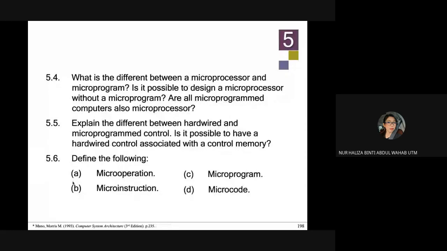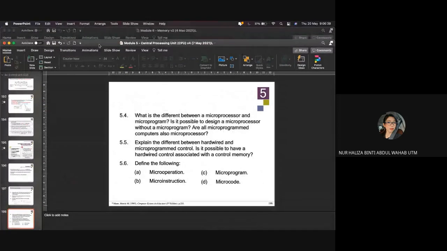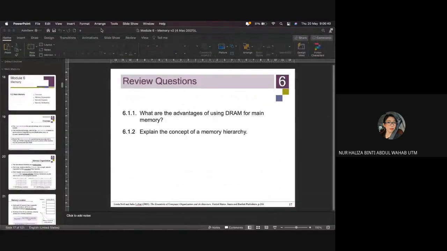So now you have finished your module 5. Although it is not covered in your test, maybe you can also spend 1 hour on module 5, and then the rest you can use for your test 2.